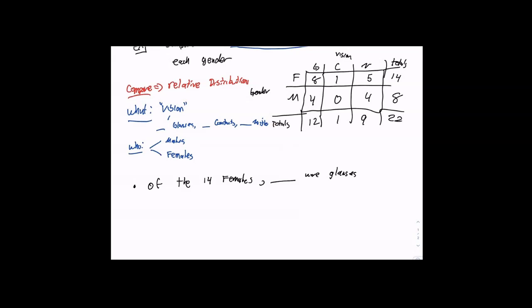We're kind of inferring, because when I start talking about breaking down glasses, contacts, and neither, I am referring to the variable of vision, and that counts for the credit as well. Wore glasses, blank, wore contacts.